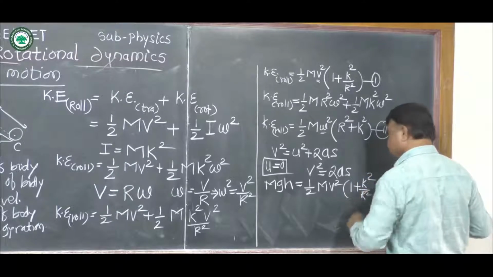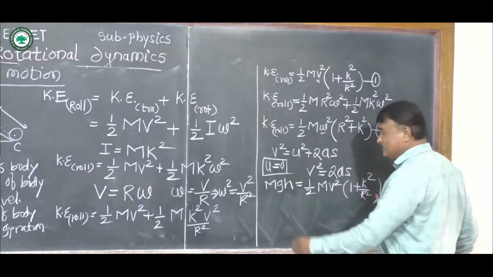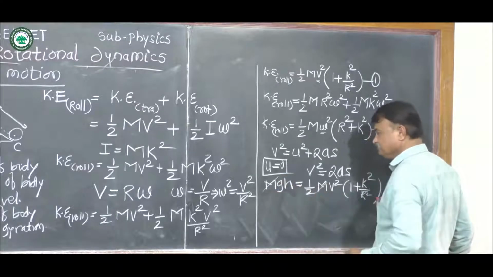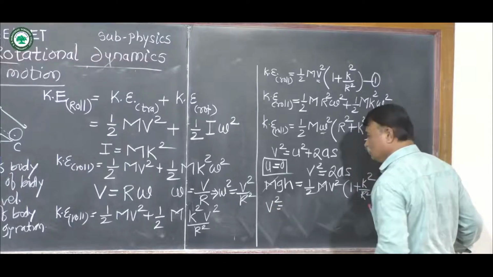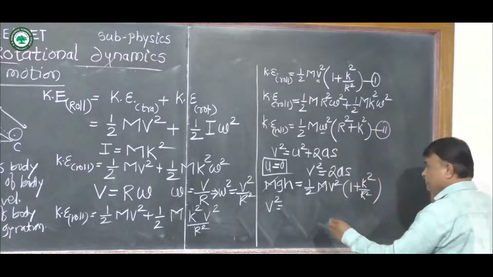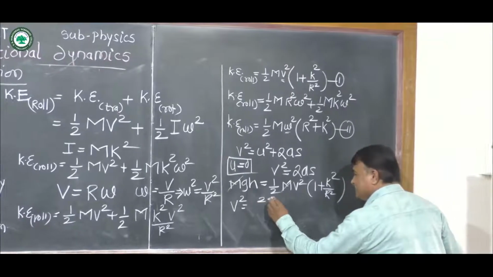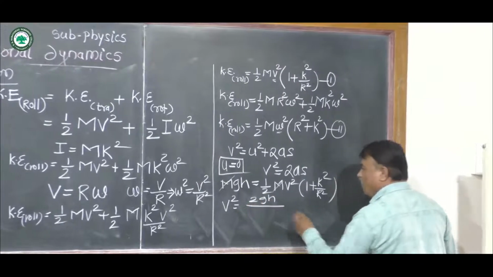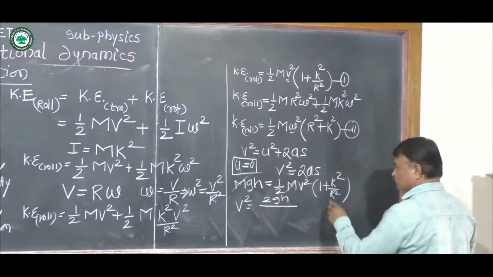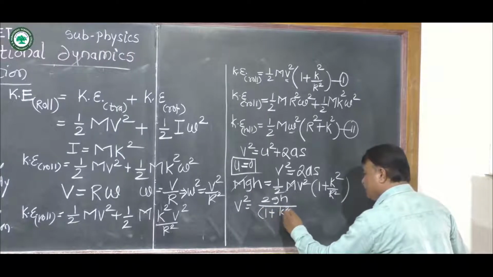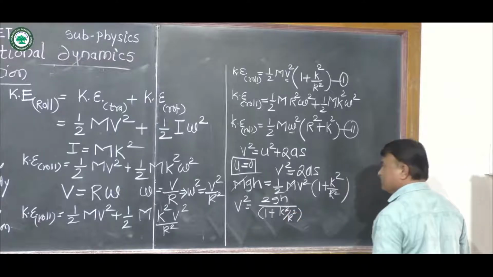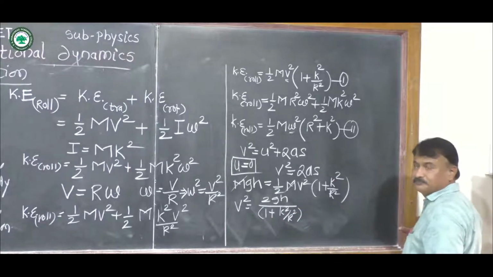Now in that case, m gets cancelled and we get v square is equal to twice gh upon bracket 1 plus k square upon r square. This is the value of v square.